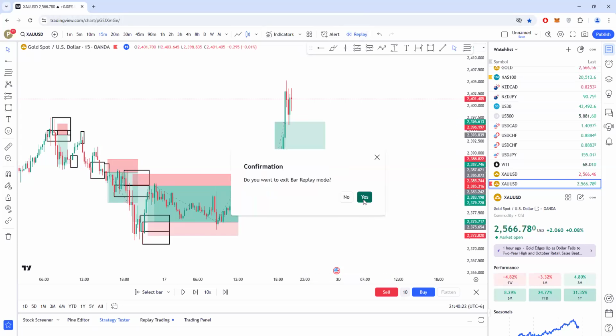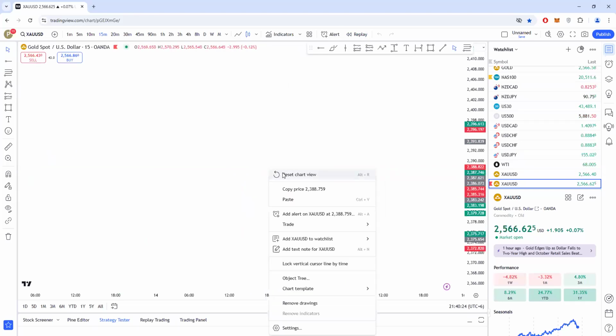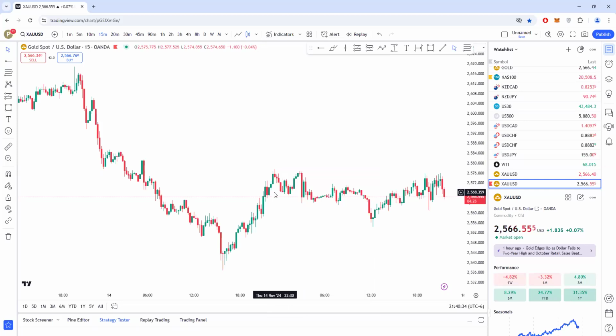Sir, do we trade only engulfing buy or engulfing sell? No, not like that. We will add a lot of things. This is session 1.